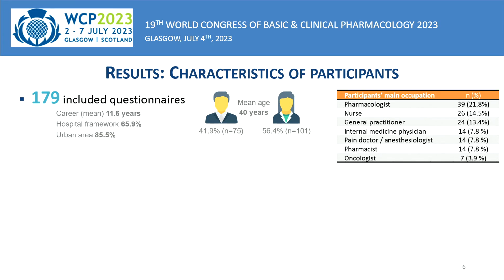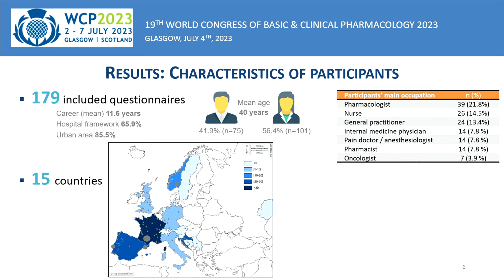They started their career 11 years before, as a mean, and they mostly worked in hospitals in urban areas. They originated from 15 different countries, and you can see here the geographical distribution.